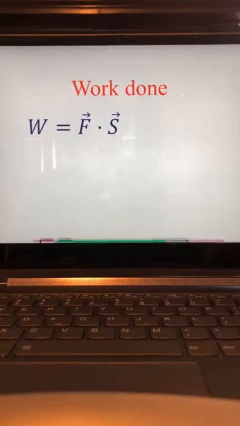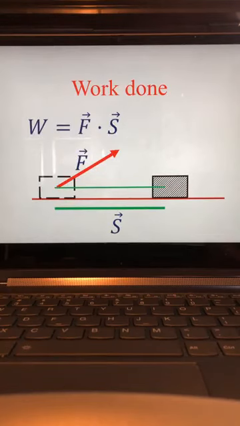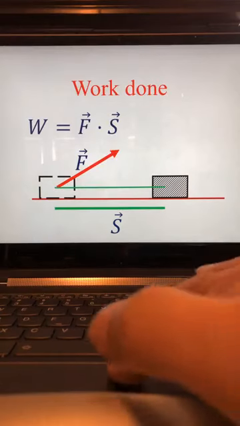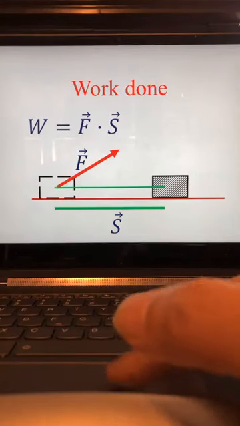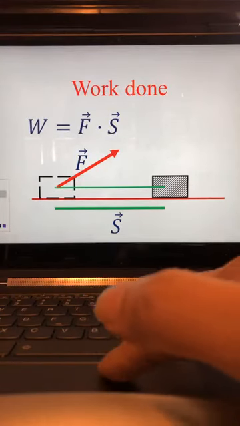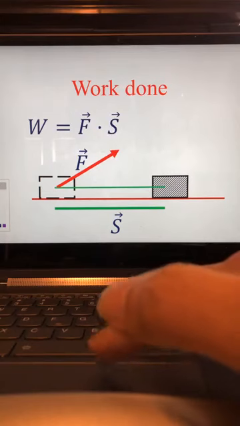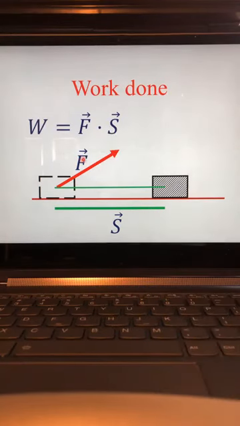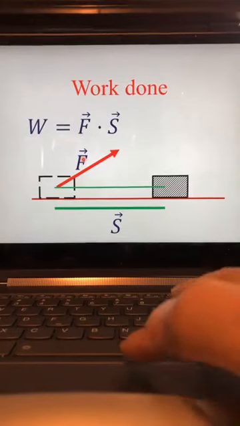Okay, so let's go beyond. There is a block here, you can see this block. Let me go to my laser pointer. You see I have applied a force here.